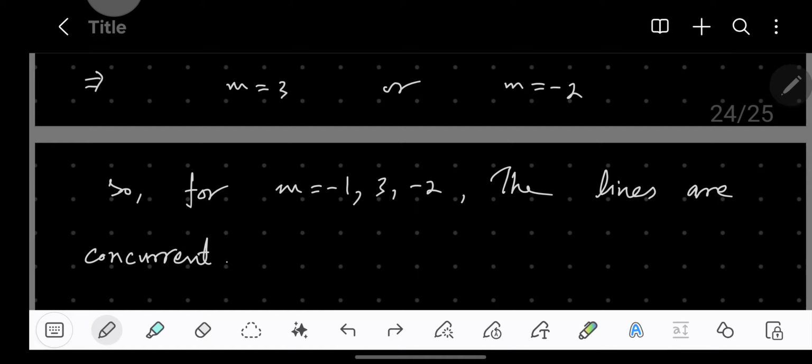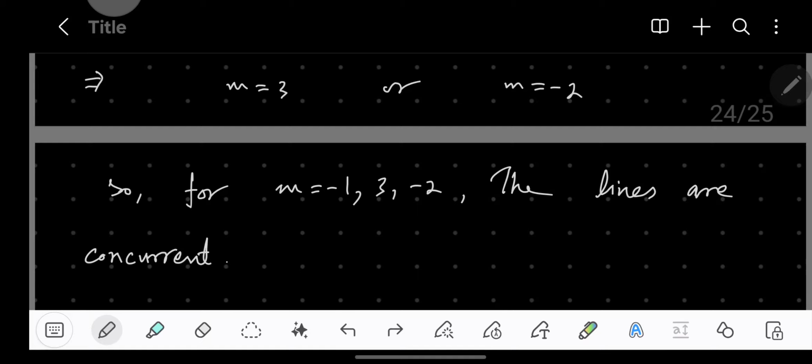So in this way, you can always check whether the given lines are concurrent or not. What you have to do is select as many lines as you have variables.